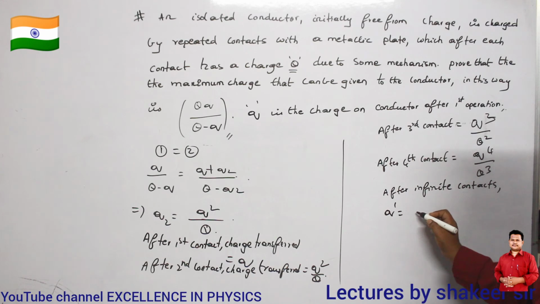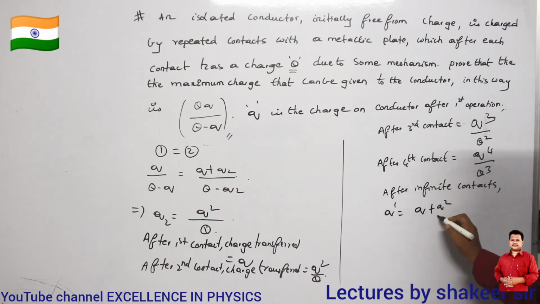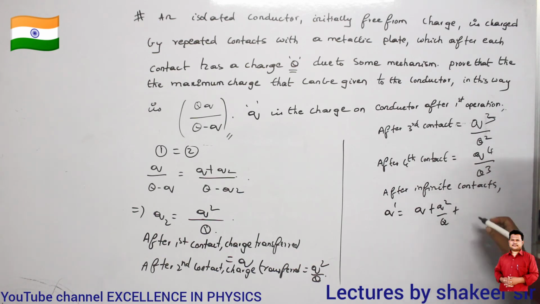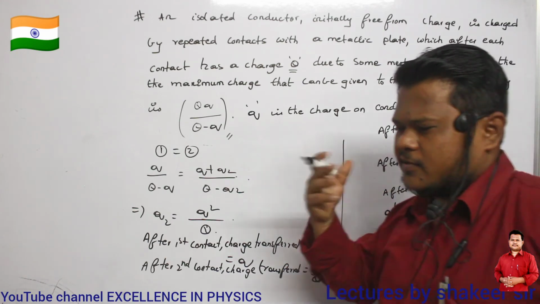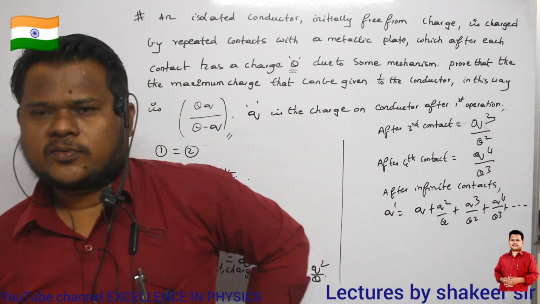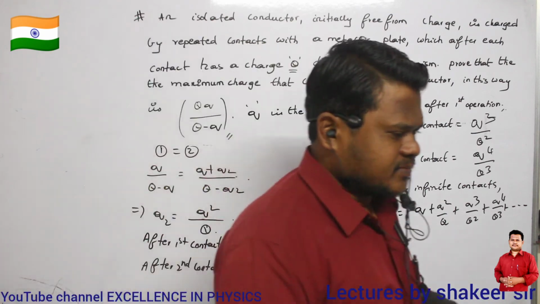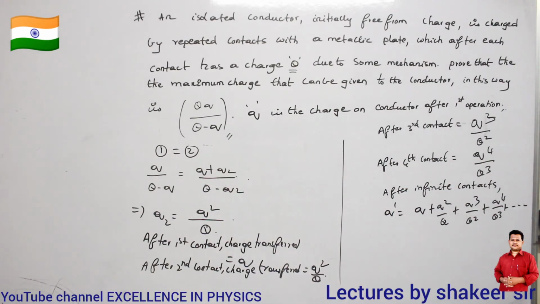After the first contact, Q amount of charge. After the second contact, Q square divided by capital Q. After the third contact, Q cube divided by capital Q square. After the fourth contact, Q power 4 divided by capital Q cube, and it goes on like this. So this will be the total amount of charge transferred after an infinite number of contacts. Now how can you add them?